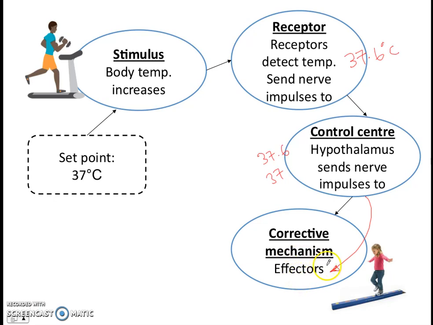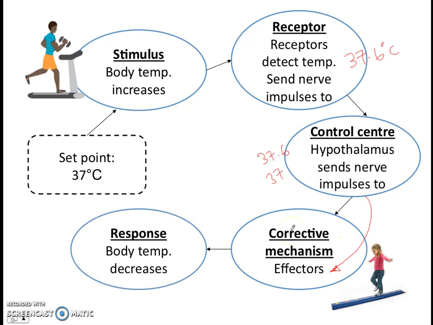And we'll see what the effectors are on the next slide. This corrective mechanism will lead to the response, which is that the body temperature will decrease and bring the body temperature back to the set point. Right, of course, the signal is sent to the receptors to ask it to shut off the corrective mechanism. So I hope you remember that this is a form of negative feedback.